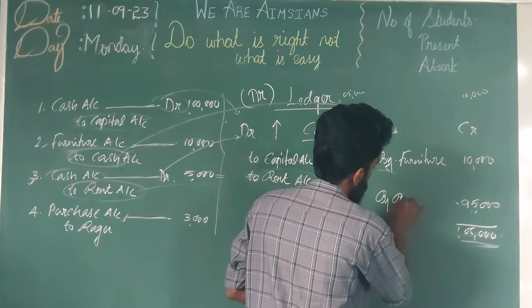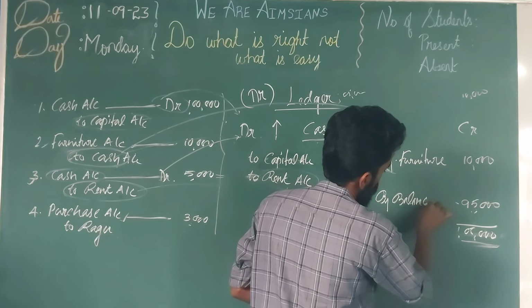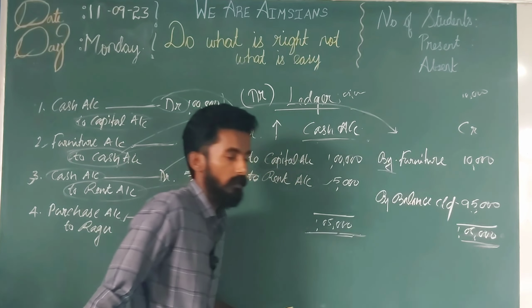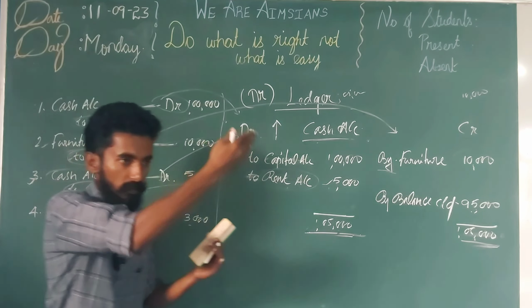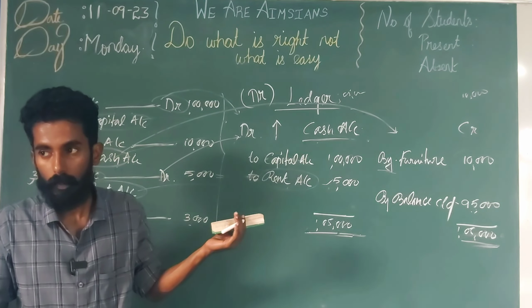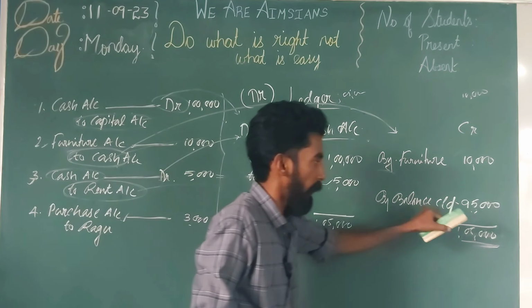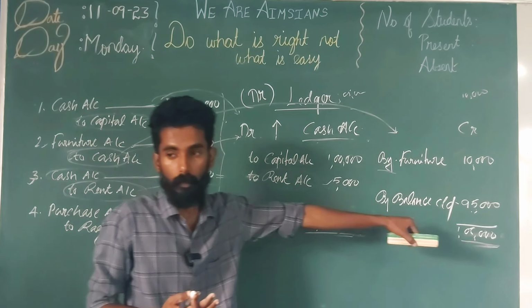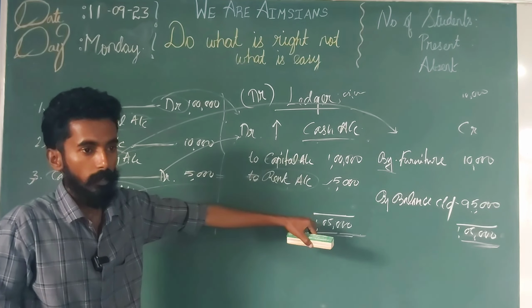So what we need to write here? By balance carried down, C bar D, or C/D if you are writing. We can pronounce it this way: balance carried down. How much will it come? 95,000 is the balance. Is it clear?